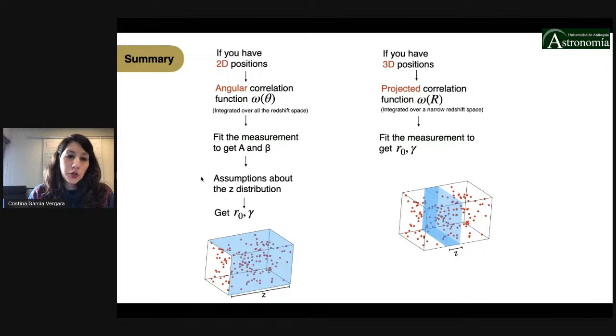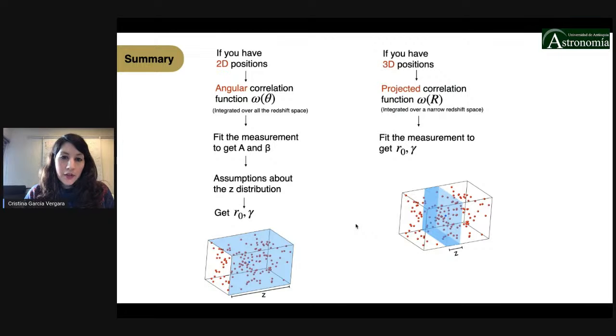Then you have to assume a redshift distribution and cosmology, and you can get the parameters r0 and gamma. In the case that you have 3D positions, a survey with redshift information, you can measure the projected correlation function, in which case you are integrating over a very small redshift range. And then you fit your measurement and you get directly r0 and gamma without any other assumption.